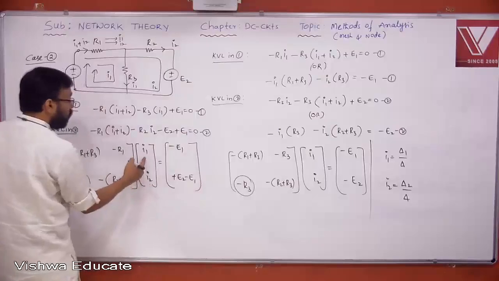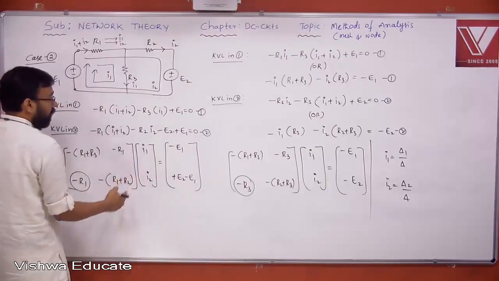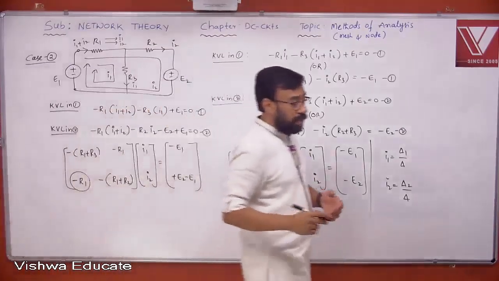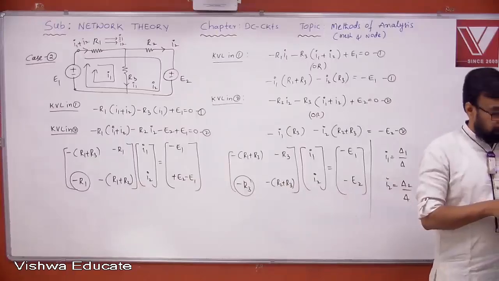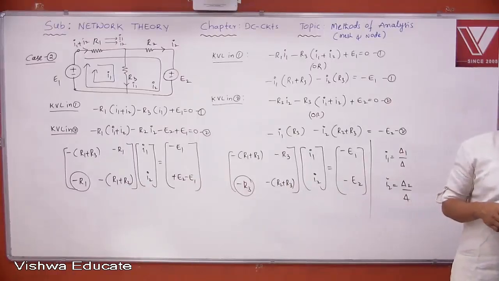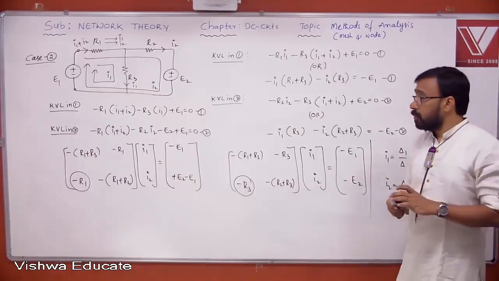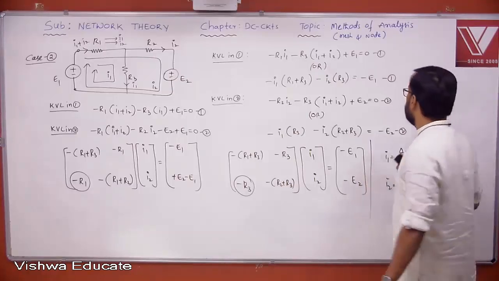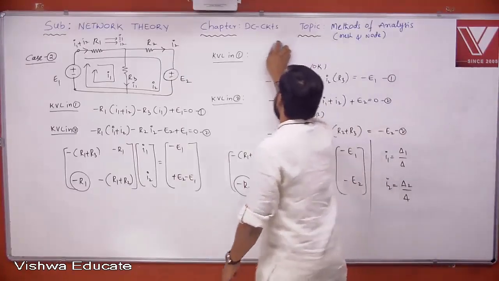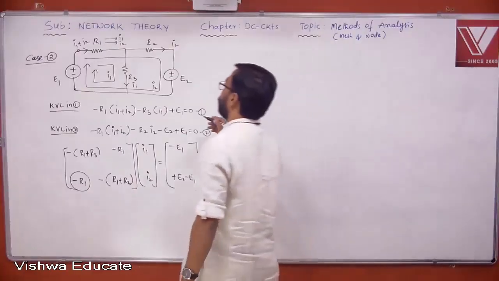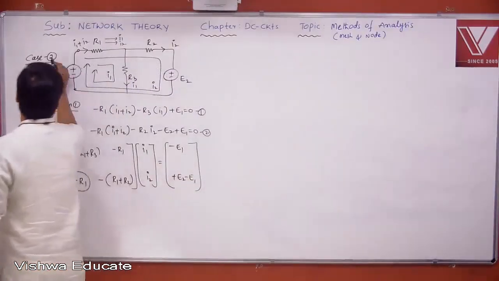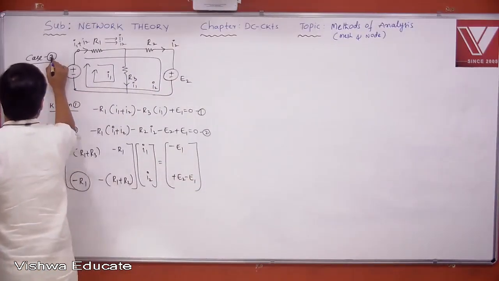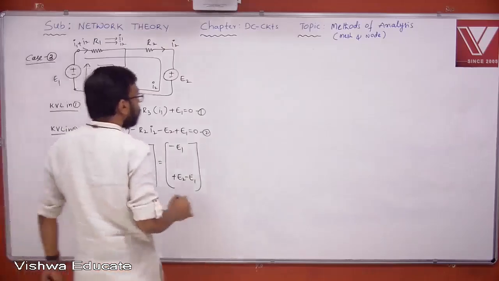Then you can apply Cramer's rule to find I1 and I2 values. That's it. Please note down, this is case 3. Not case 2, please correct it.